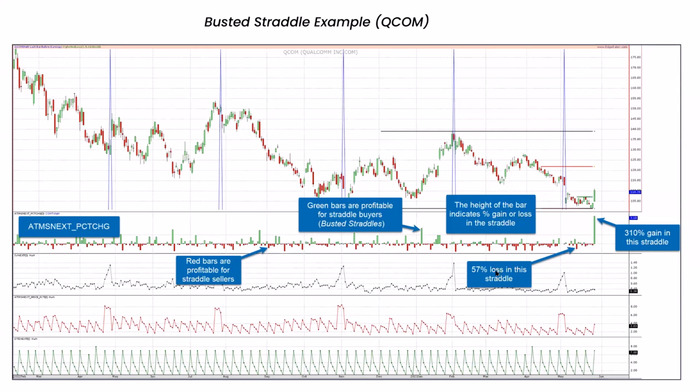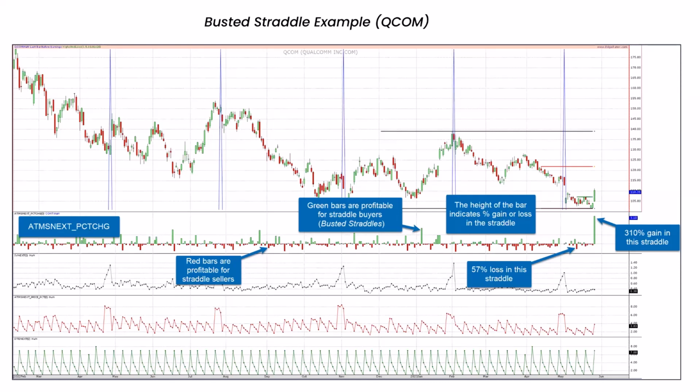As a concrete example in here, you've got this red bar pointed to here. This is a 57% loss in the straddle, whereas the green bar at the end here was a 310% gain in the straddle. And to be clear of what we're looking at, these are 1 day percent changes in the at the money straddles.